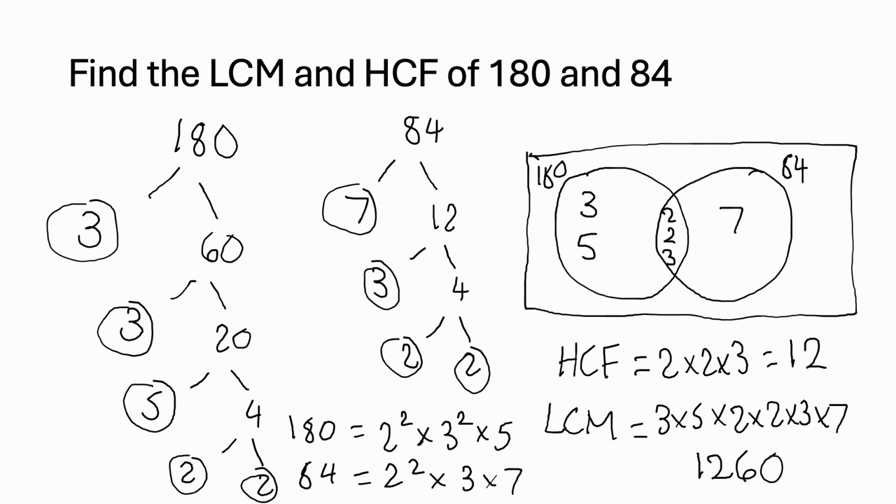So our highest common factor is 12 and our lowest common multiple is 1,260.